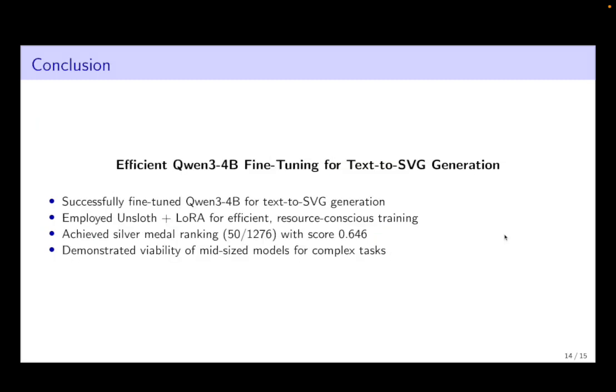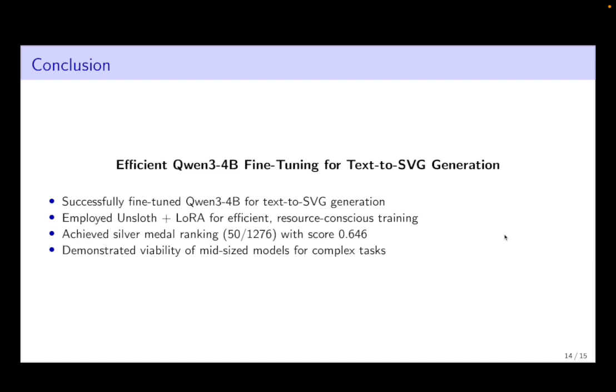To conclude, our project successfully demonstrated that fine-tuning a moderately sized LLM like Qwen 3 4B, enhanced by efficient tools like Unsloth and LoRA, is a potent and resource-efficient strategy for specialized code-generating tasks like Text-to-SVG.